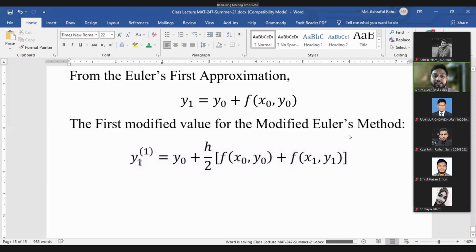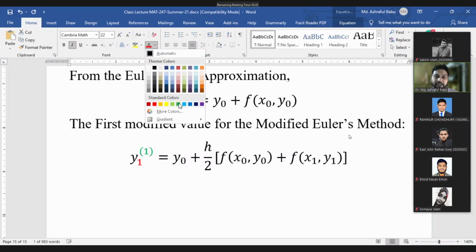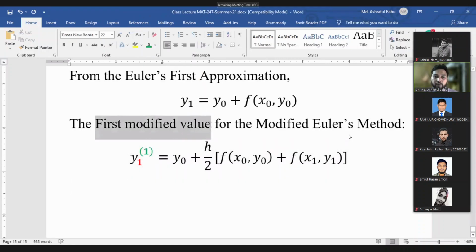And this y1 means actually the first approximation. The subscript 1, I just make it red, is the first approximation. And the superscript within a bracket 1, the green one, is called the first modified value. Okay, this is the first iteration. y to the power 1 means the first modified value, or first iterative value.